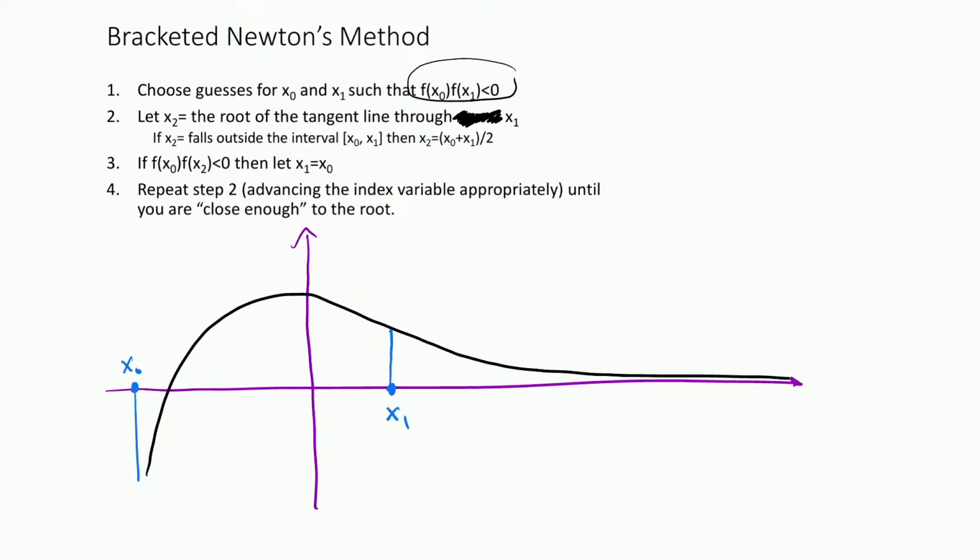Now what we're going to do is find the root of the tangent line that goes through x1. So let's go ahead and do that. Here's the tangent line. There is the root.